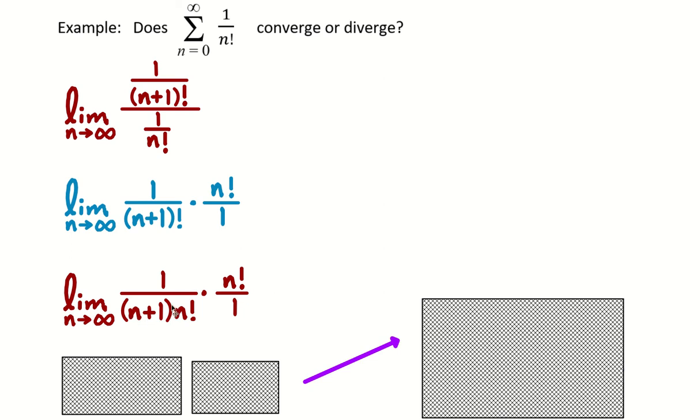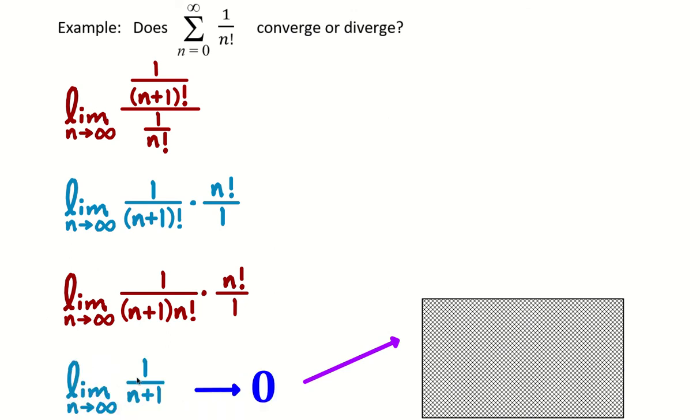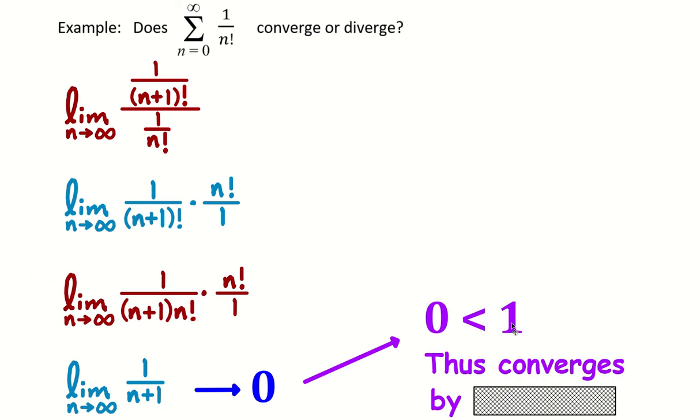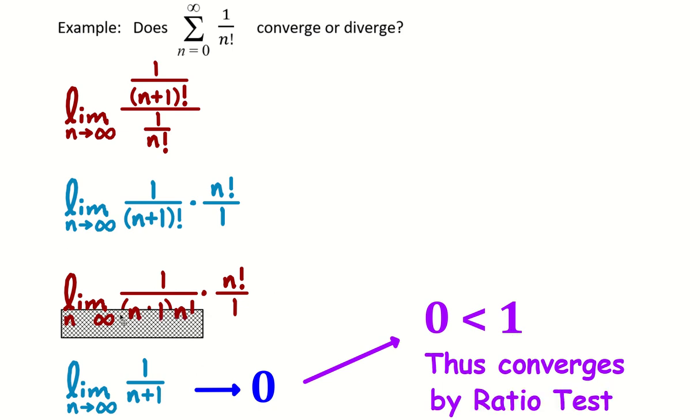When you rewrite n plus 1 factorial as this, the n factorials can cancel, and what you're left with is just the limit of 1 over n plus 1. When you let n approach infinity, this approaches 0, which is less than 1, and so therefore it converges.